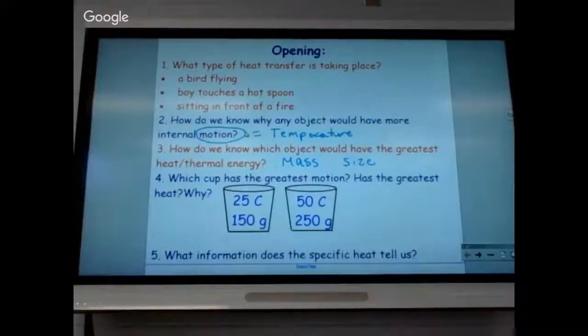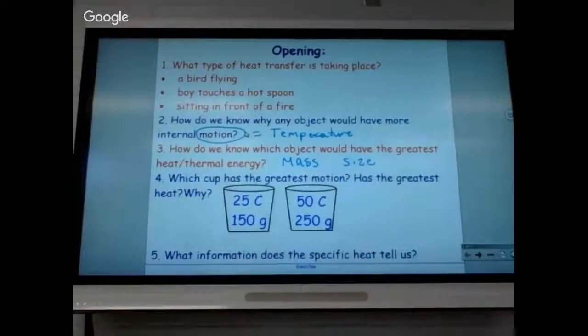So now looking at the two cups that I've put down there, I've given mass and I've given temperature. Which one has the greater motion? What do you look at to figure out motion? That's why I gave you questions 2 and 3 to hopefully help you figure out question 4. So greatest motion.